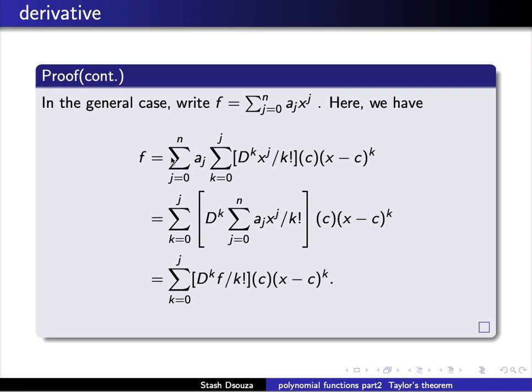We can now switch these two summands, and the reason we can do that is because the external summand has no dependence on k. That is the reason we can switch it.